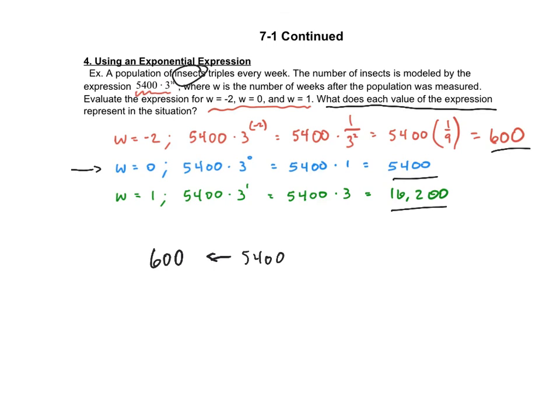So I'm going to back up 2 weeks. 2 weeks prior to now, we had 600. And then we're expecting next week, after 1 week has elapsed, because W is 1, we're expecting to have 16,200. So again, we have -2, we have 0, and we have 1 week in the future. And that's the context of what we are calculating.